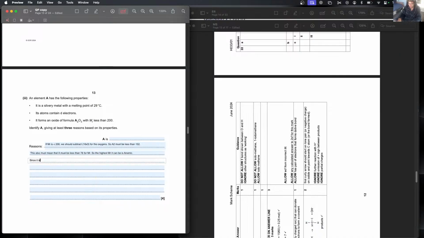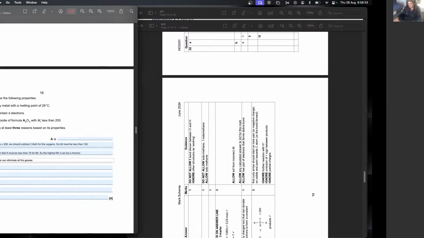Since it is metal, we can eliminate all the gases. Get rid of hydrogen as well.